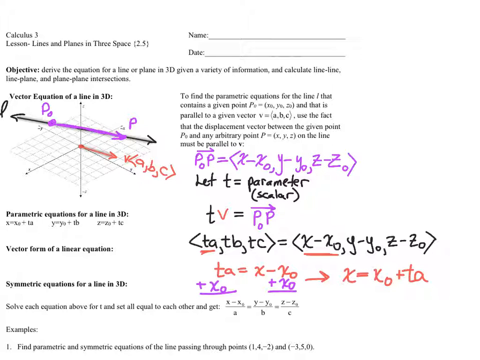You do the same thing for TB equals y minus y sub o, and you'll get the second part of the rule. And then TC is equal to z minus z sub o, which gives you the third part of the rule.